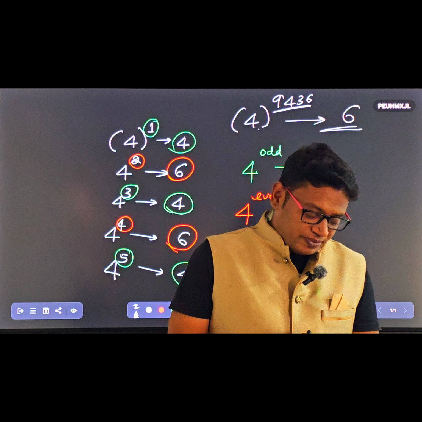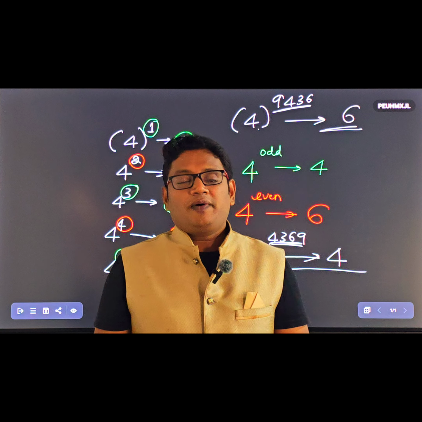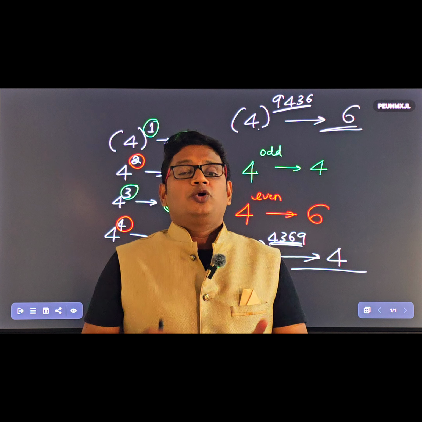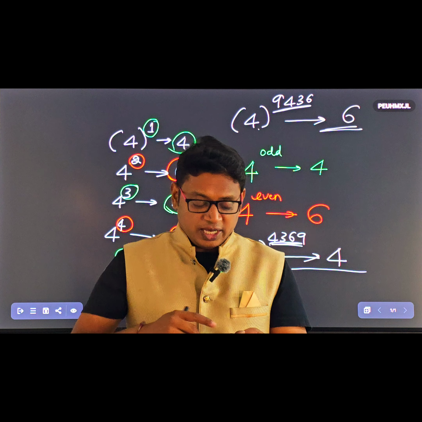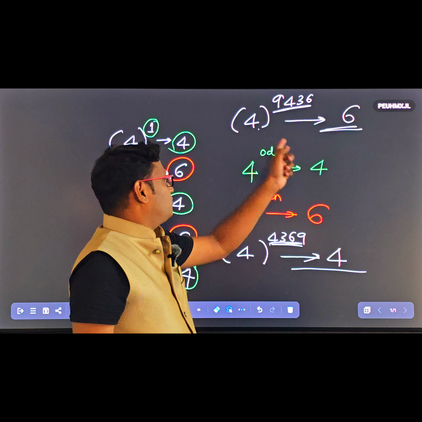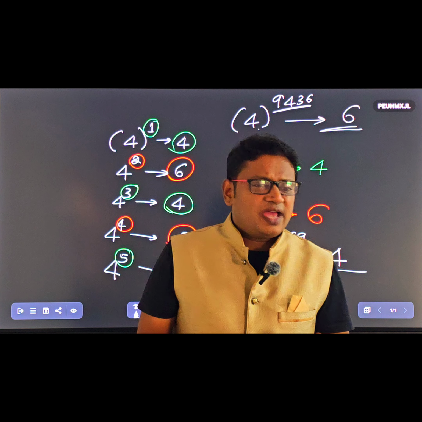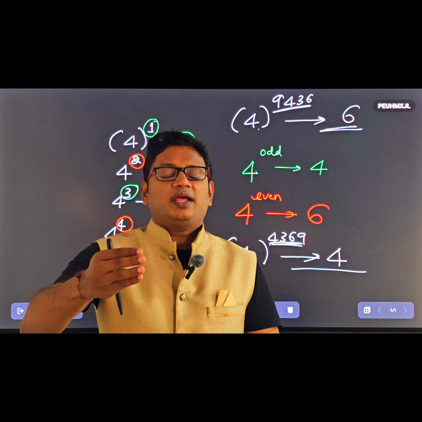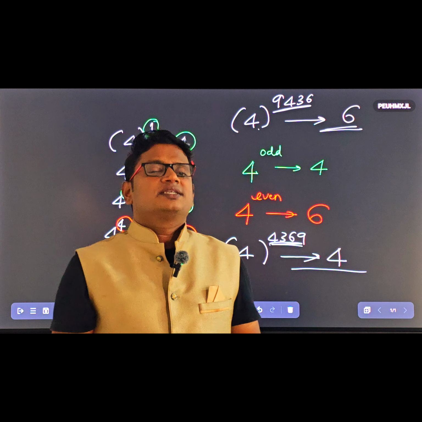Now, we have completed this. 1 power anything is 1, 0 power anything is 0, 2 power 4 is 6, 3 power 4 is 1. 4 power odd number is 4, 4 power even number is 6. 5 we have already discussed. 5 power anything is 5, 6 power anything is 6.